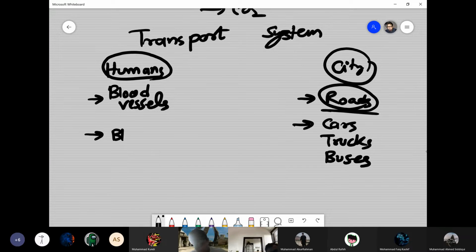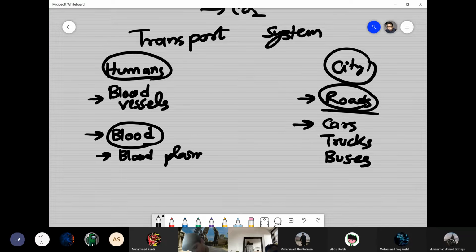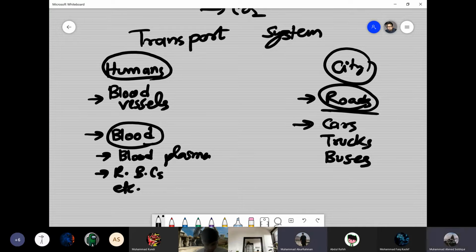In our body, we have blood, and especially in the blood, we have blood plasma and red blood cells, right? White blood cells as well, yes, but they do not carry something, okay? So, boys, our transport system is equivalent to a city's transport system.